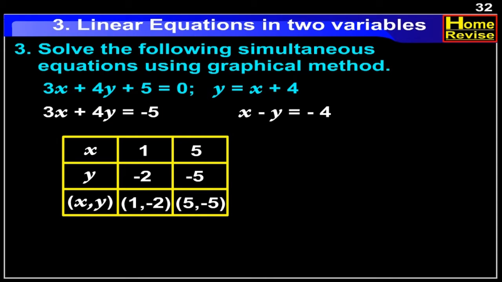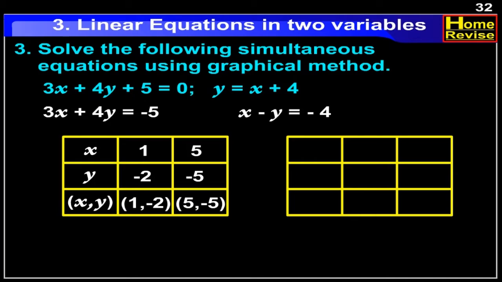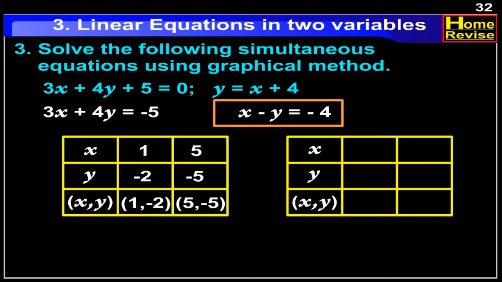Now, we will draw a table for equation x minus y is equal to minus 4. In the first column, write x, y and x comma y.